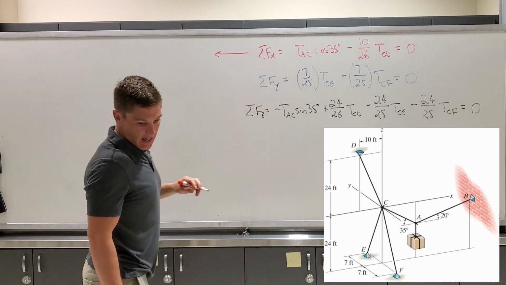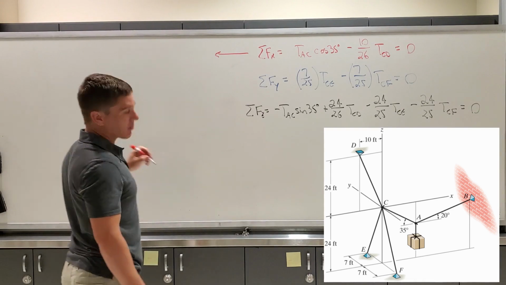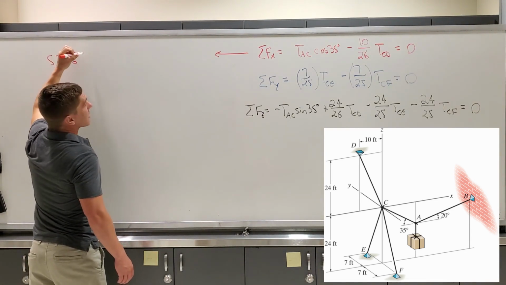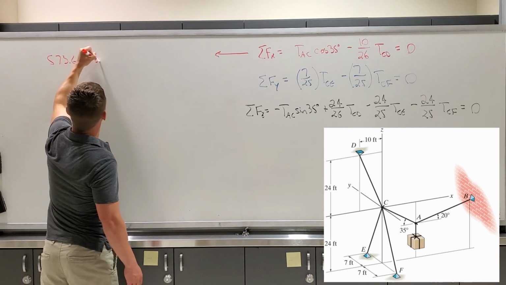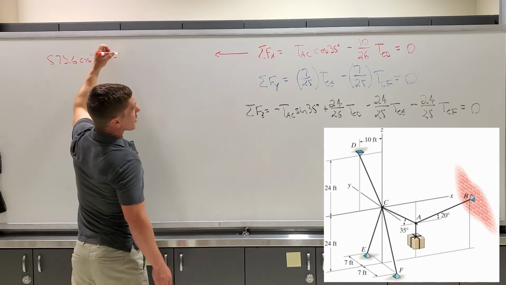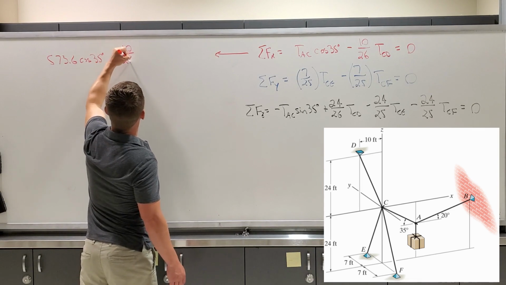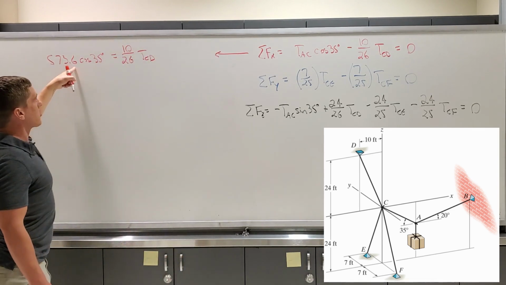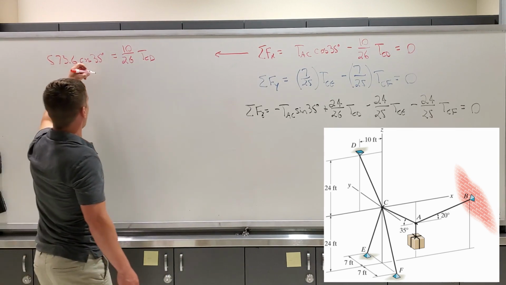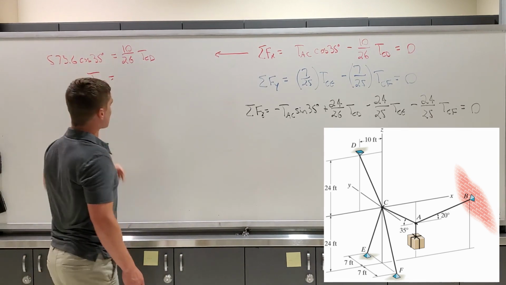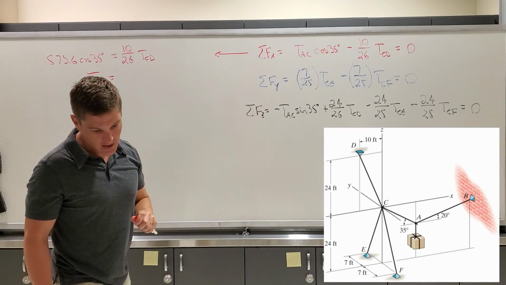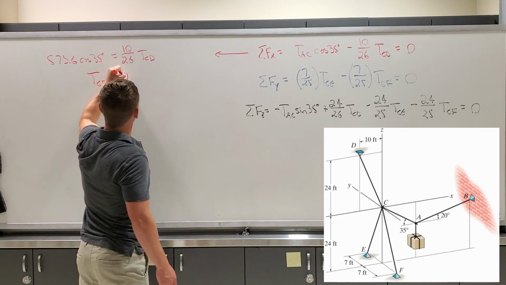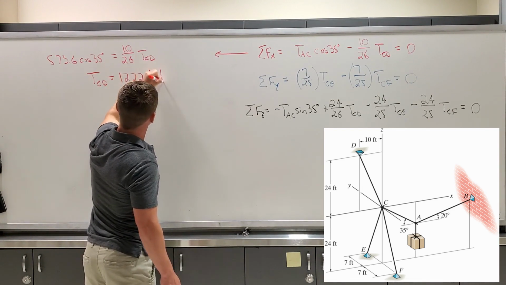So we get 573.6 cosine of 35 degrees is equal to 10 over 26 TCD. You plug this in your calculator, you multiply it by 26, you divide it by 10, and as simple as that, TCD is in fact going to be 1,222 pounds.